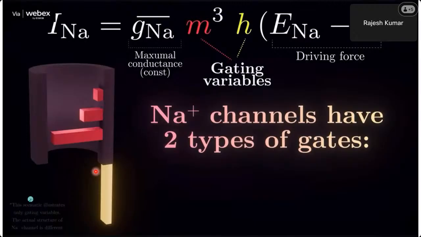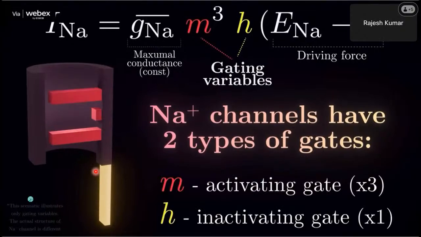Now the sodium channel has two interesting things. It has four gates, but three are of one type and one is another type. So there are two types of gates: activating gates and inactivating gates. To open the whole structure, all these have to be arranged in that manner.